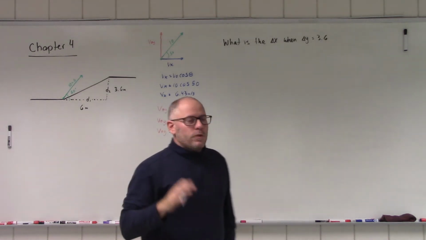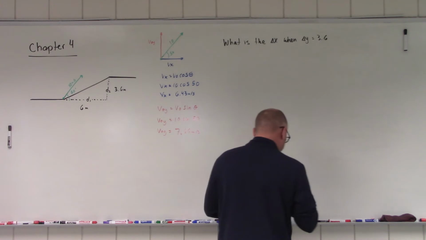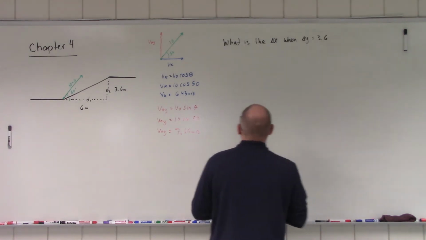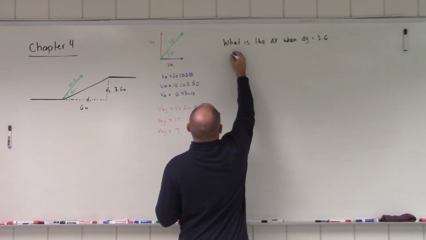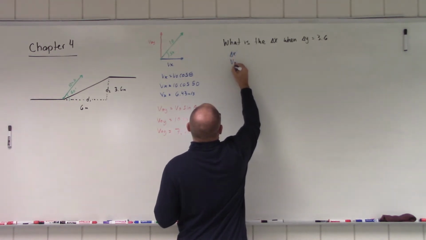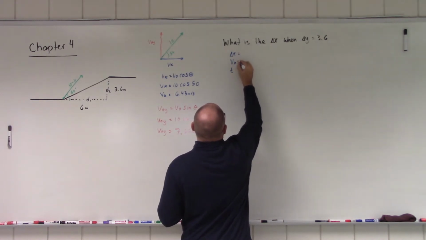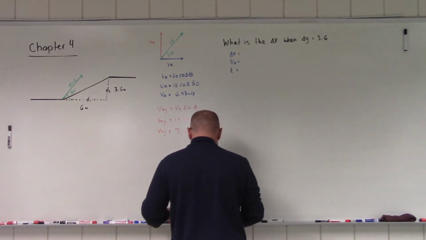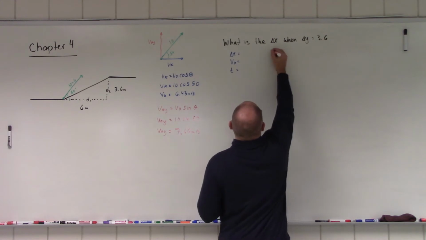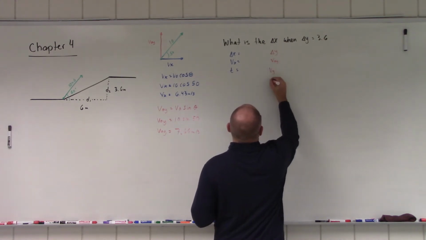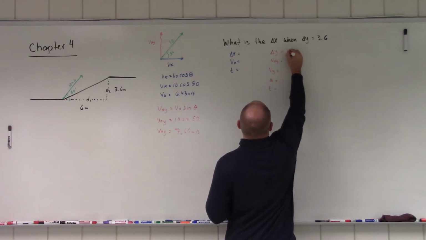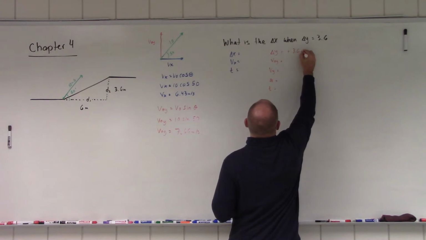Let's do the horizontal and vertical pieces real fast. This is delta x, dx, t. This is delta y, v0y, dy, a, and t. We want delta y to be plus 3.6.